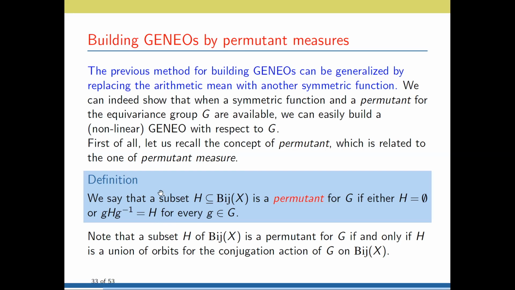In this setting, please remember that we are considering a finite set X. So this set H is finite too. Note that a subset H of a group of permutations of X is a permutant for G if and only if H is a union of orbits for the conjugation action of our group.